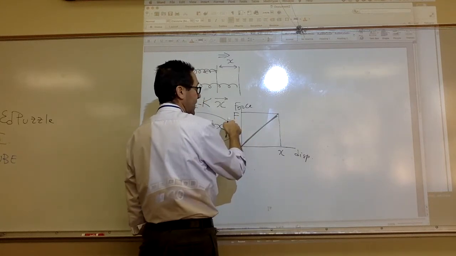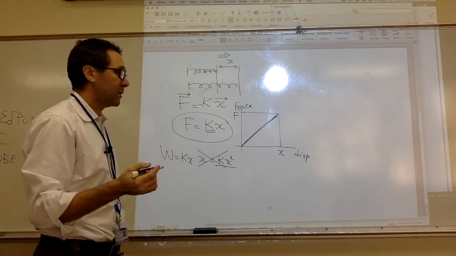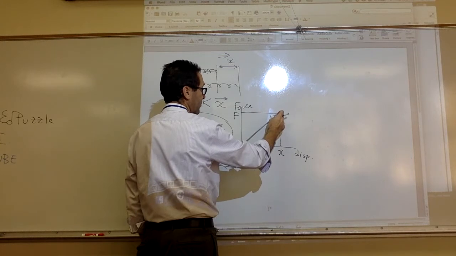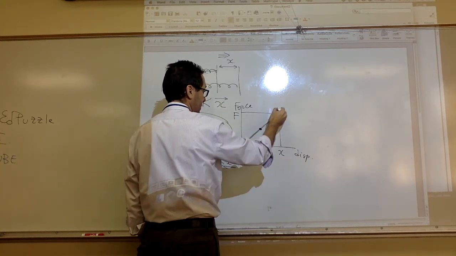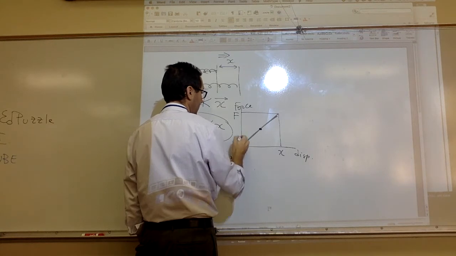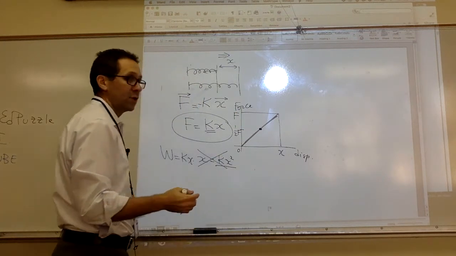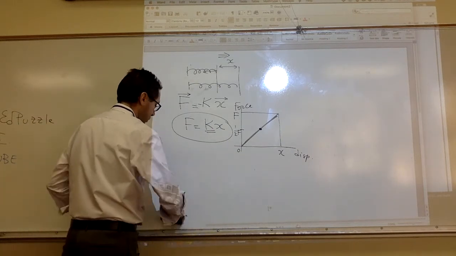So if I call this force F and I want to use work equals F d cosine theta, I start with very little force and end up with a lot of force. So I take the average. The average between 0 and F is half of F, so then I can use W equals F d cosine theta.